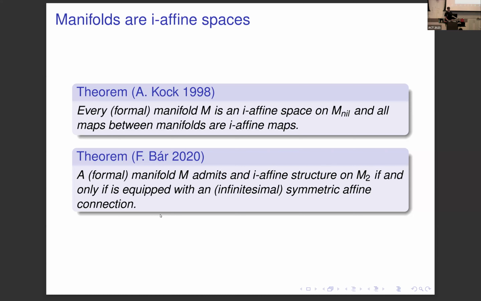And then a result from me, where I was asking, what's happening if I'm going into second order and higher? And there it turns out that, first of all, you need something which is called a symmetric affine connection. And if you have a symmetric affine connection on a manifold, it's equivalent to stating that you have an infinitesimally affine structure on the second order I structure.